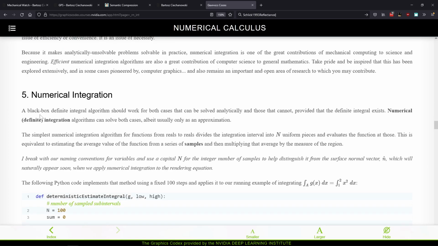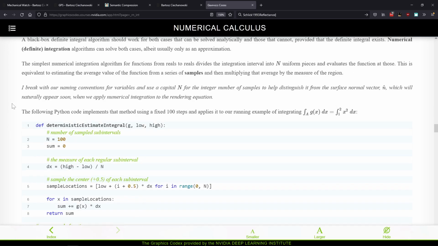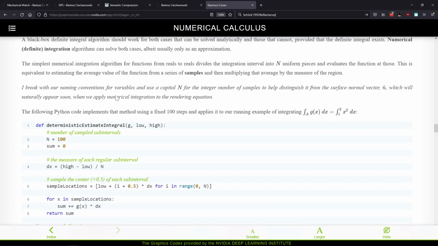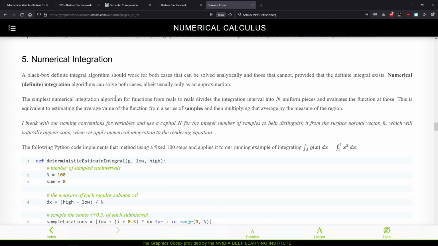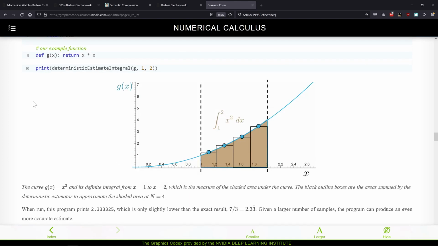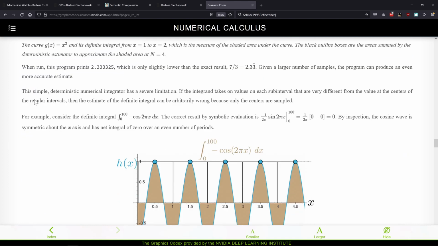So this section seems to be getting into the stuff that we care about from an implementation standpoint, rather than just a theoretical foundation.